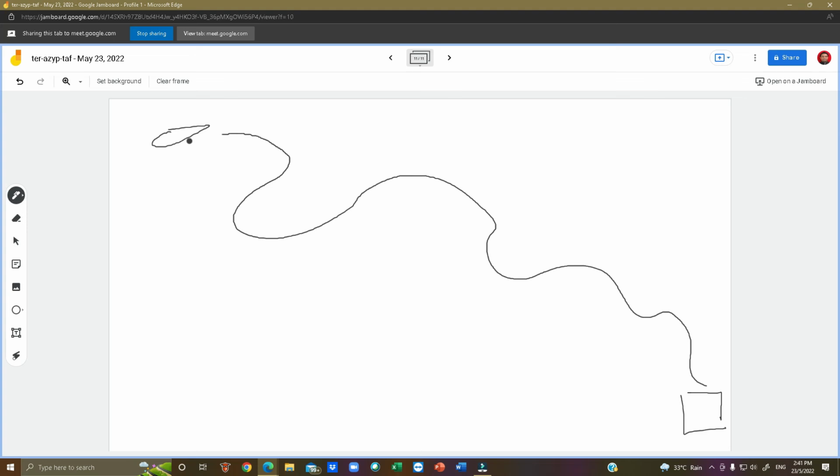Because it does not have its own force. It's still subjected to, kenapa dia ke bawah? Gravity. It's still subjected to air resistance. It's still subjected to external force. EF. External force. Jadi, kena ada 3 benda ni. Baru kita boleh cakap dia projectile.